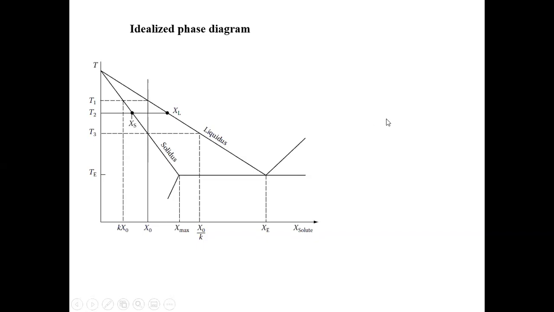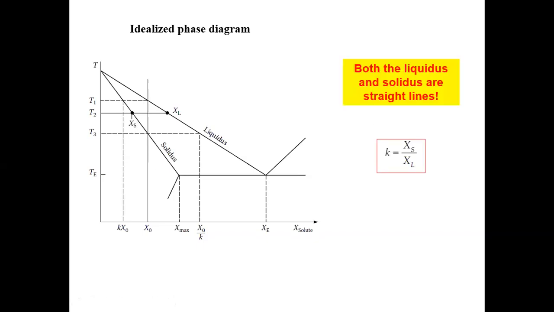Okay, and we show that the immediate consequence of approximating the liquidus and solidus as straight lines is this. During the entire solidification process, by which I mean starting from T1 and ending at T3, in this temperature range you always have two-phase coexistence, right? We call this the solidification range or regime.